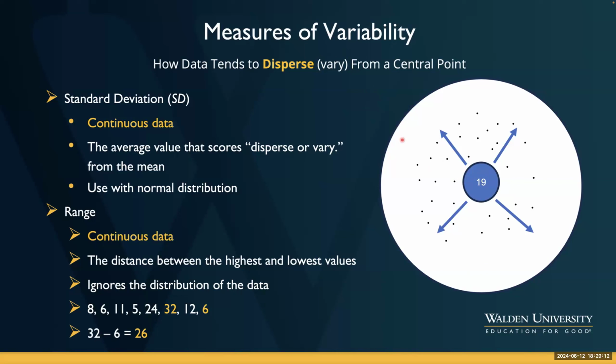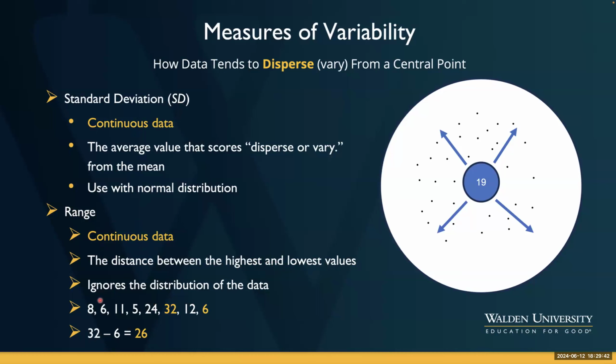Now, if it's continuous data, where we looked at, say, the average, we always look at the standard deviation, okay, for the normal data. This is kind of like the average distance that each score was from the average. Another thing that we could use for continuous data is the range. That's simply the distance between the highest and the lowest values.